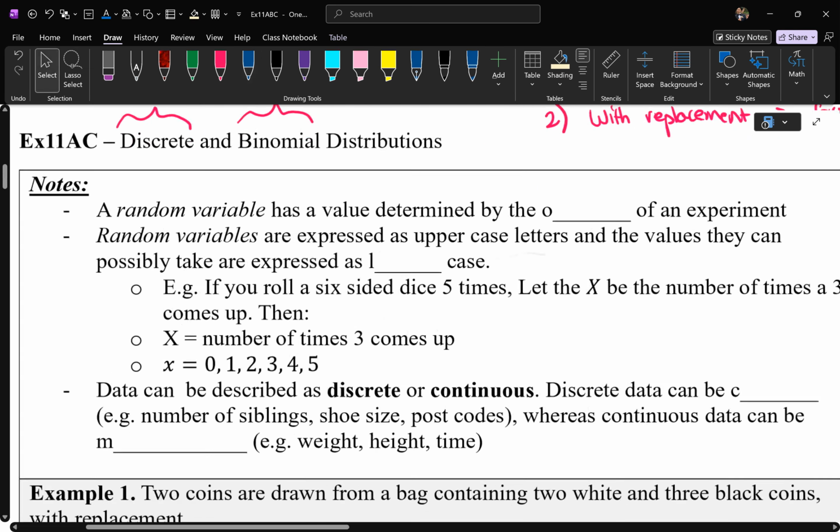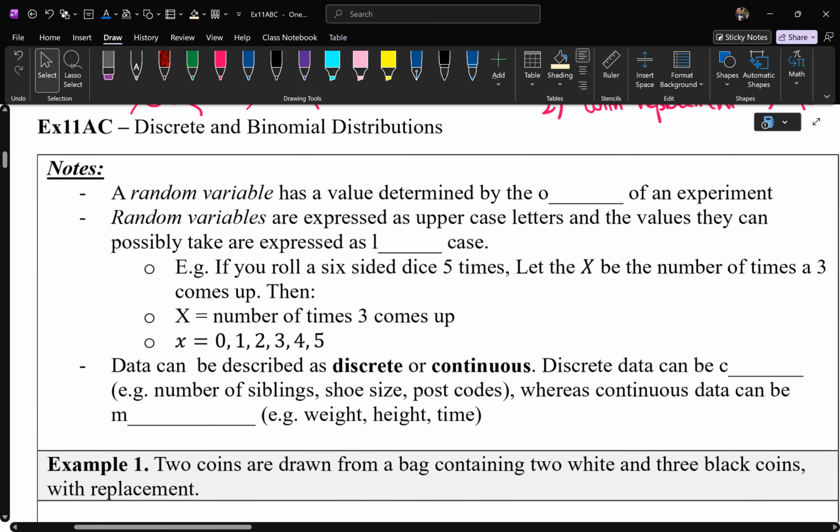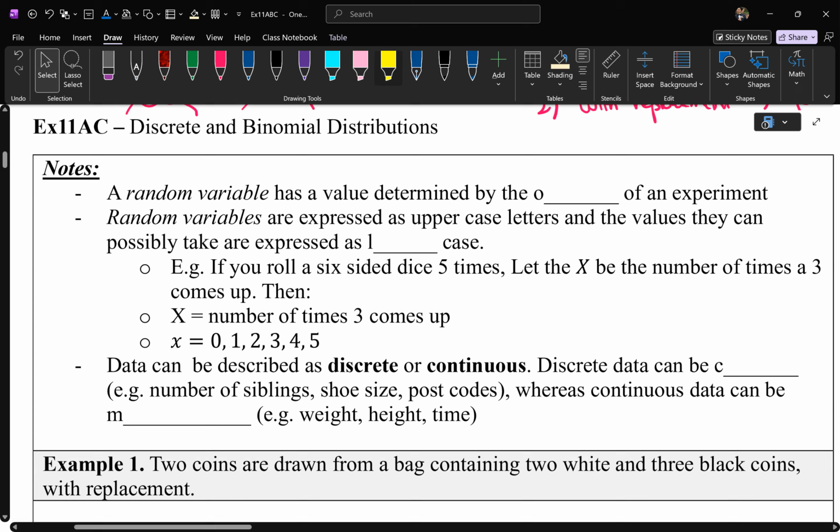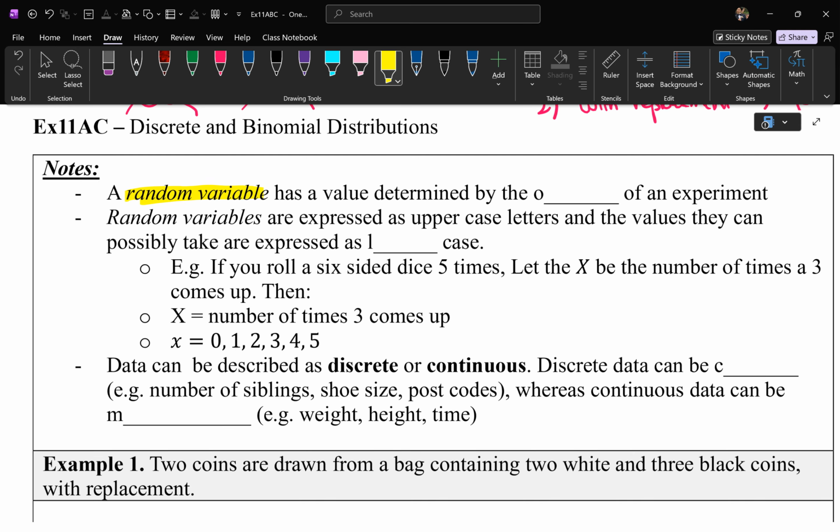So there's only 2 goals to work on. When we say discrete random variable, the question is, what does random variable mean? It means that it has a value determined by the outcomes of an experiment.